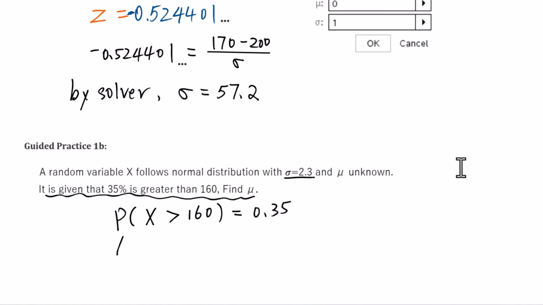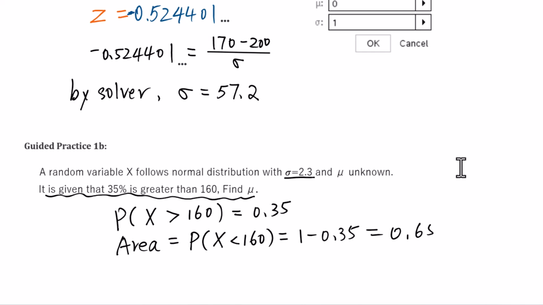We have to figure out area so that we can use inverse normal to figure out z-score. This area equals probability of x less than 160 equals 1 minus 0.35 equals 0.65.